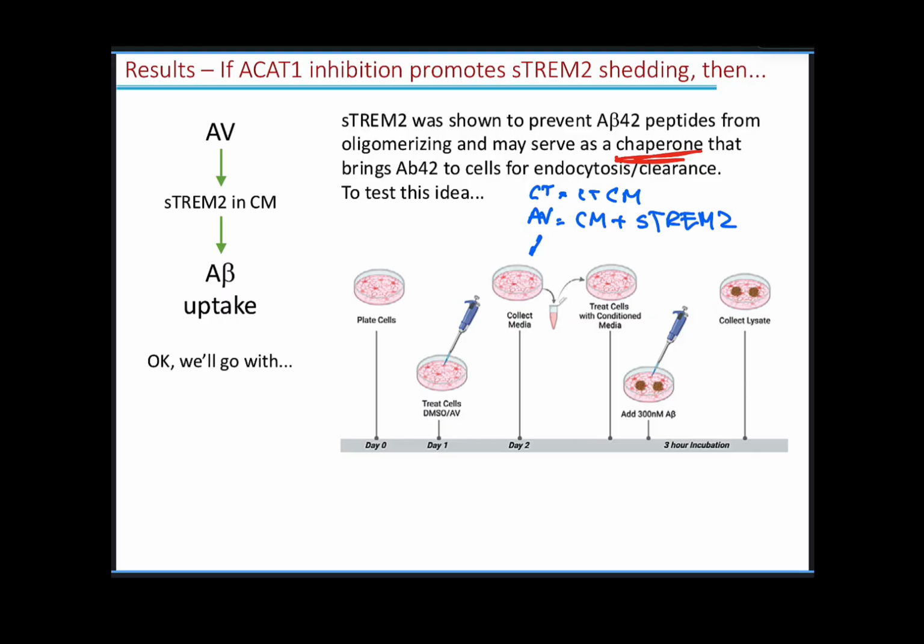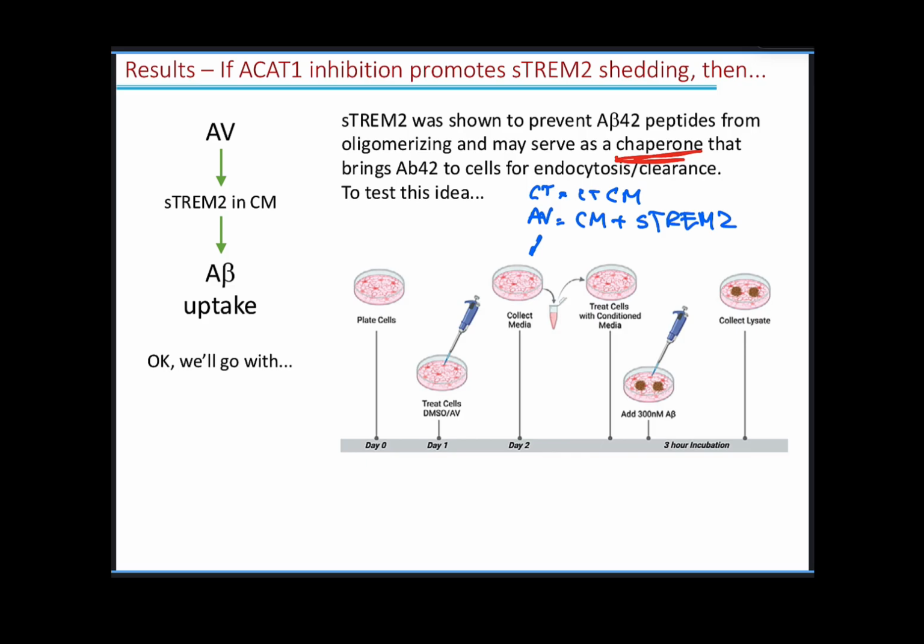It's important to understand that to understand the rest of the experiment, because what they say is that then they will collect those media, which can be quote-unquote spiked by S-TREM2 in the AV treated cells or not in the controls, and then treat another batch of cells with those conditioned media.